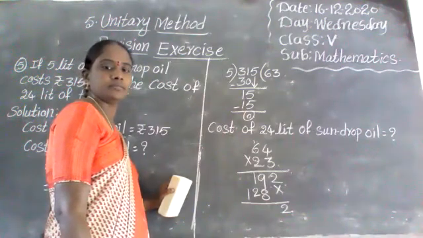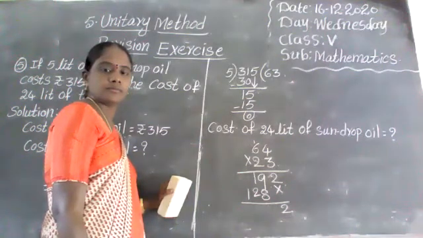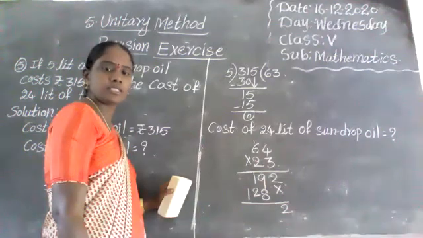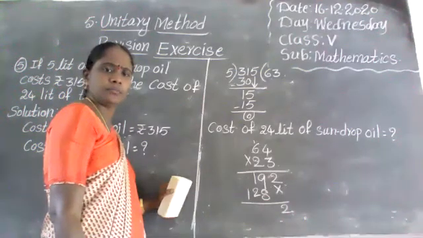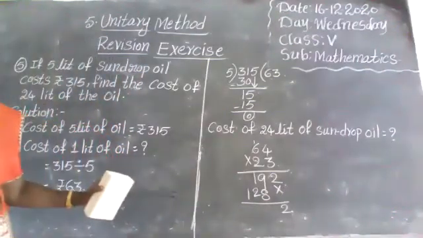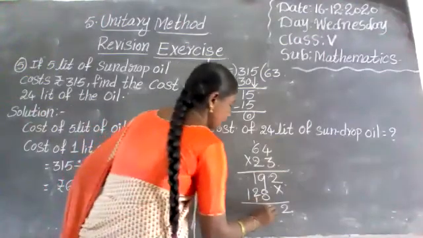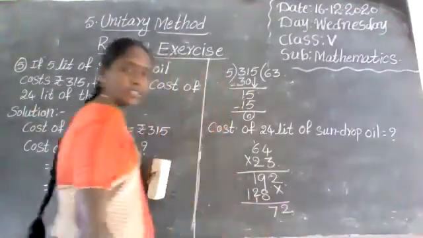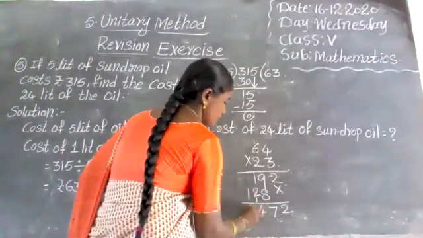Who knows the answer? Vignesh, that's very good. 17. Okay? 1 plus 2 plus 1, 4.